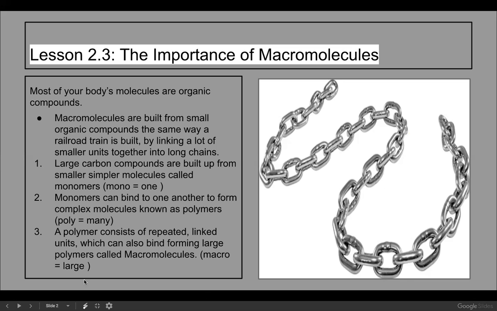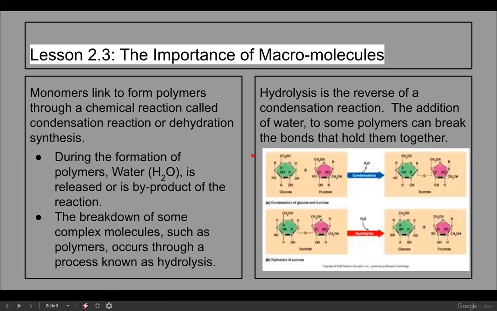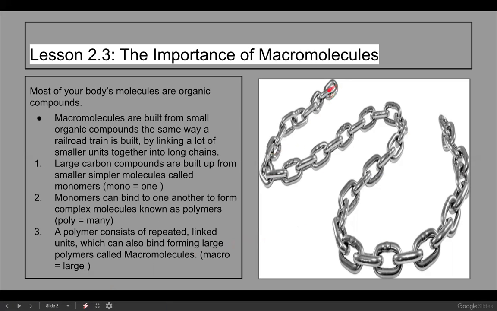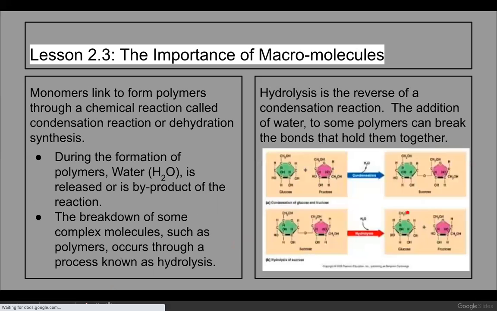If we look at our picture here, this is the monomer, and this long chain of them connected together would be a polymer. Every place where they're linked, we remove the water molecule. Monomers link to form polymers through a chemical reaction called dehydration synthesis.